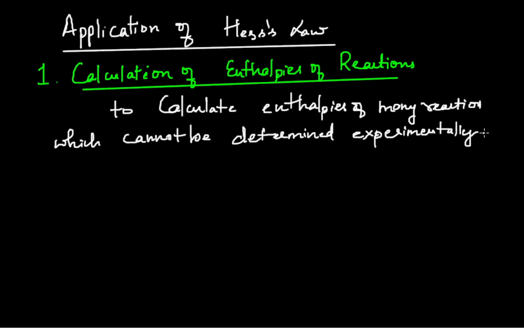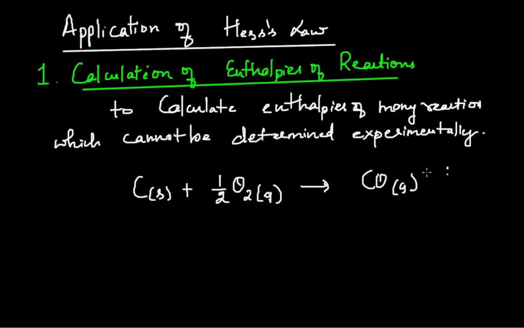For example, it is extremely difficult to measure the heat evolved when carbon burns in oxygen to form carbon monoxide. It is difficult to determine the enthalpy of reaction for the formation of carbon monoxide gas. So how do we go about calculating this?